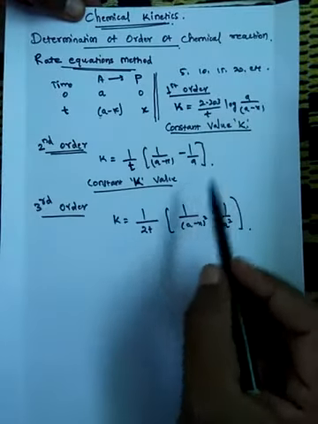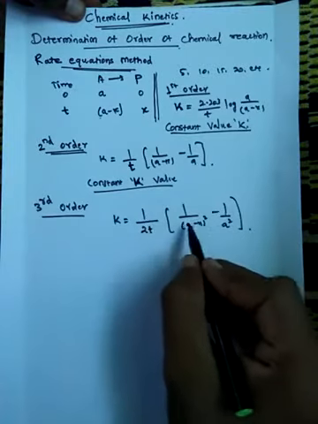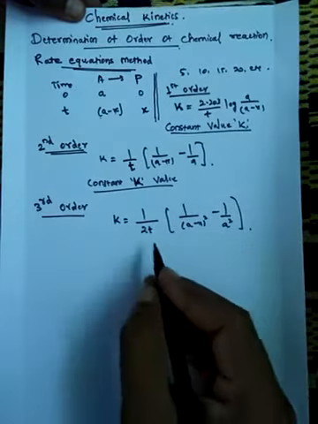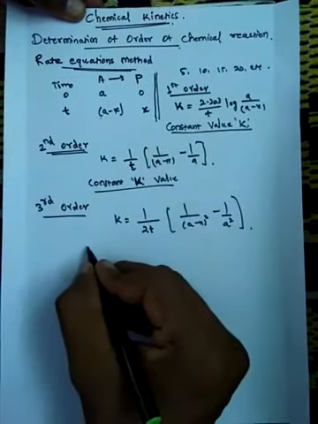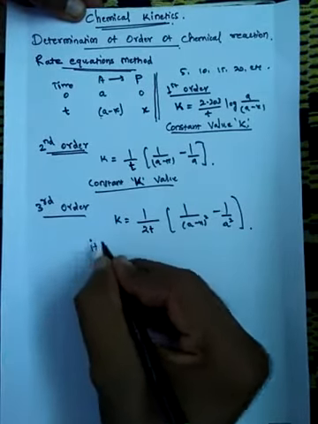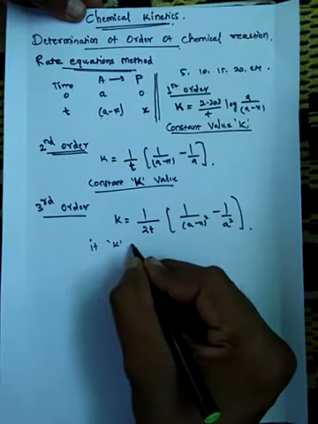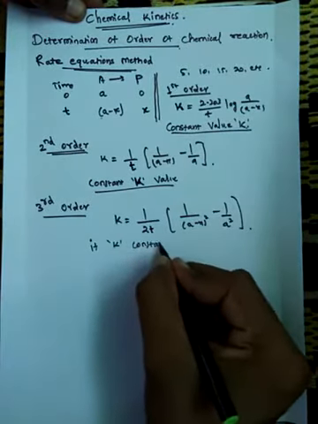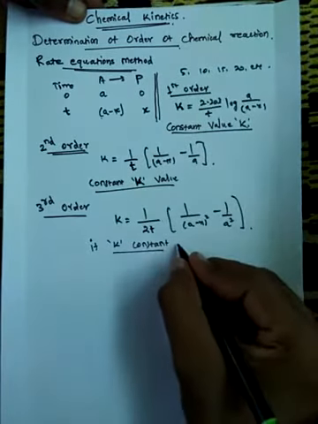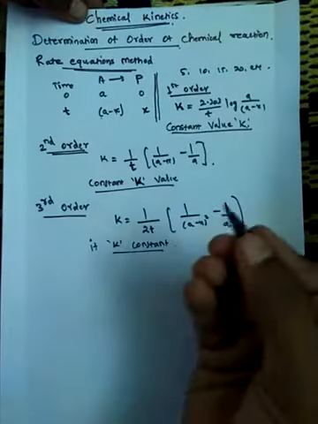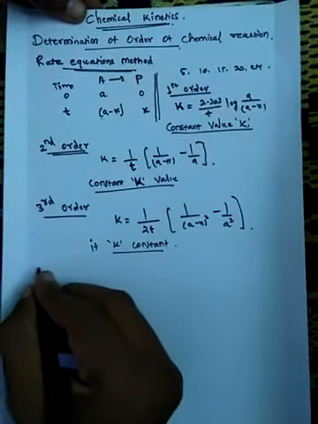Then the same experimental values, that is time, a minus x and a, are substituted for various time intervals. If k is constant for various time, then I'll conclude the reaction is third order. If not, then I'll have to check for a zero order reaction.